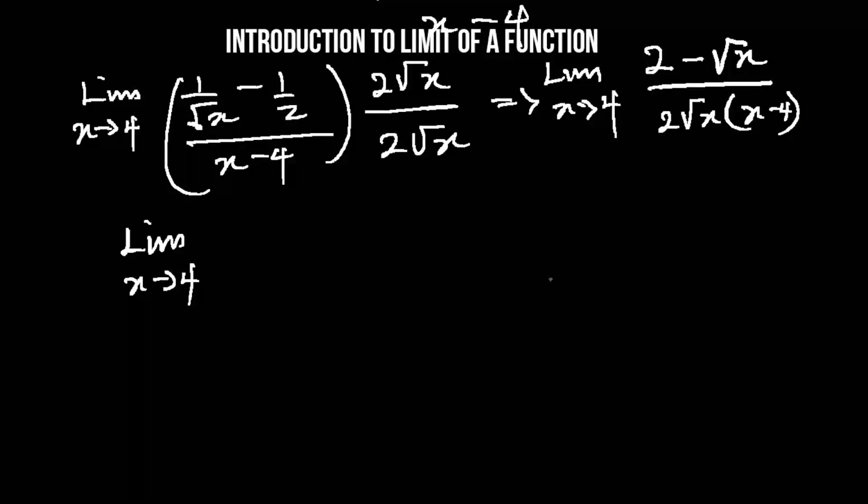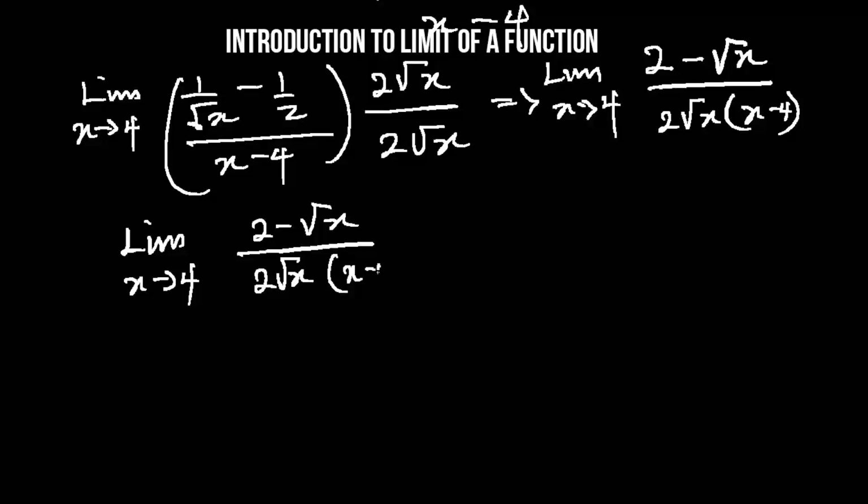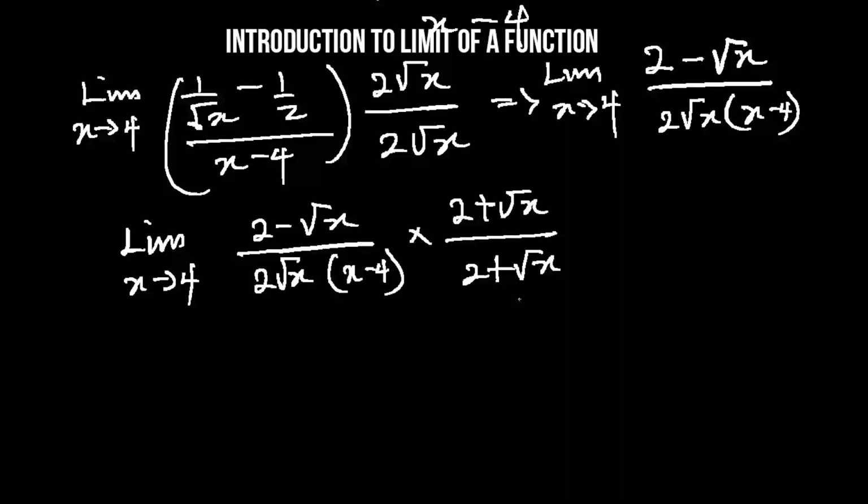So I'm going to be having this: 2 minus root x divided by 2 root x into bracket x minus 4. Let's multiply by the conjugate, that's 2 plus root x divided by 2 plus root x. So I have the limit as x tends to 4 of 2 times 2, that's 4, and root x times root x, that's negative x.